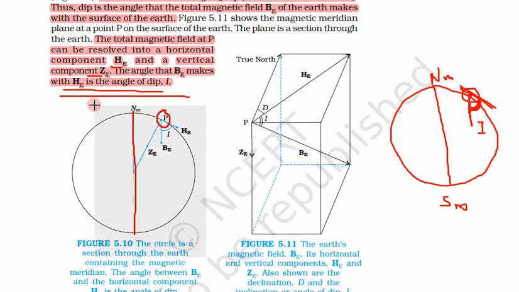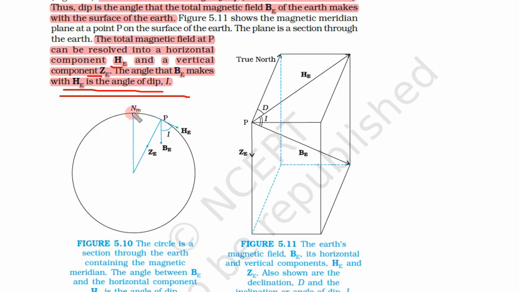So let us see once again what this angle of inclination is. This is the magnetic north pole, this is the magnetic south pole, this is the north-south direction, and this is point P on the earth. If we draw a tangent and put a line parallel to the north-south direction, there will be some angle.